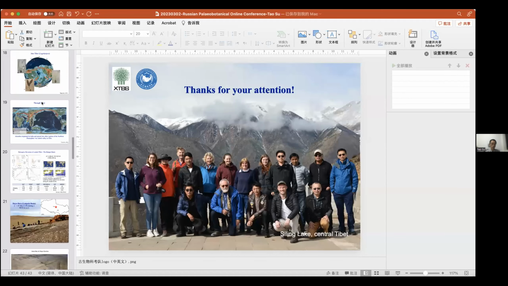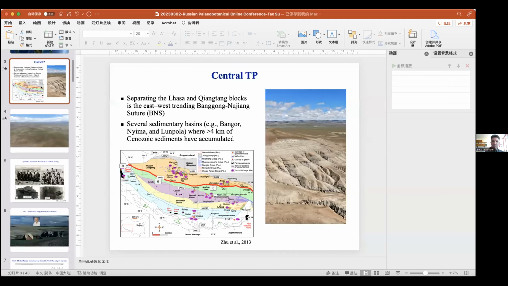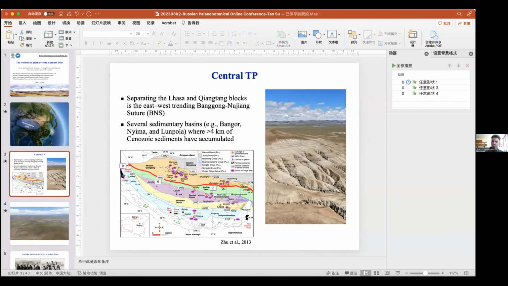Is there anything known about the age of the basal layers? So what could potentially be the oldest flora that could be expected from central Tibet?